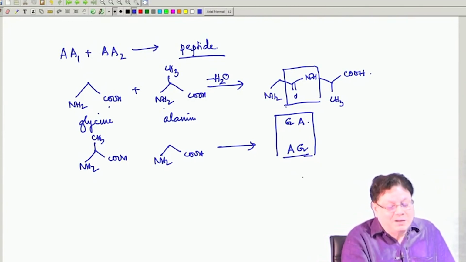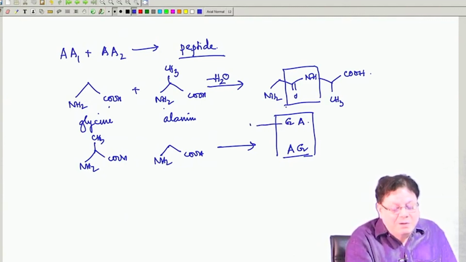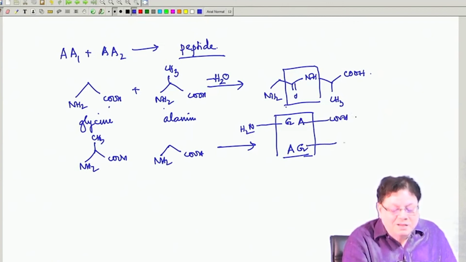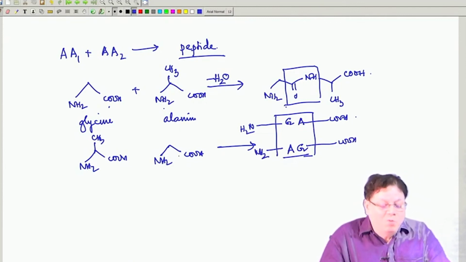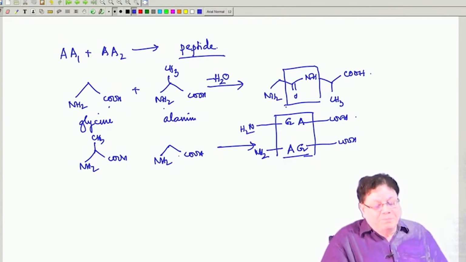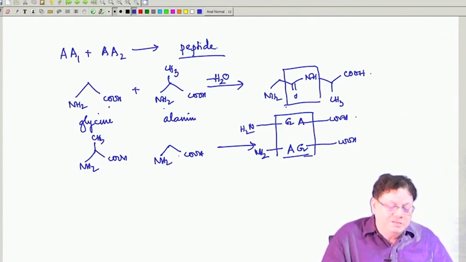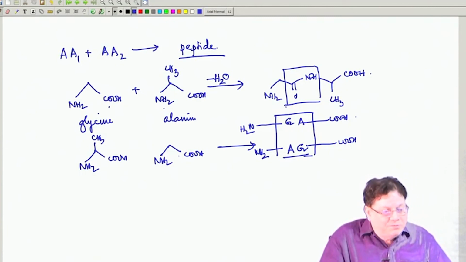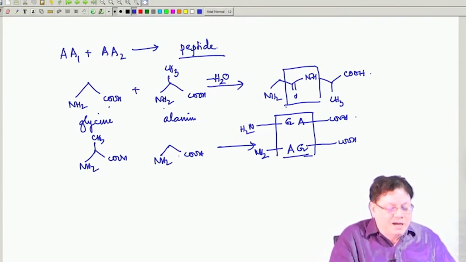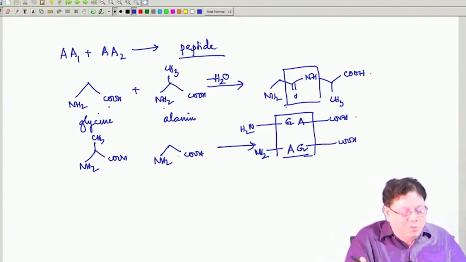They are not the same. In this case, there is this amine functionality which is free and the carboxy which is free at this end, and in this case the glycine carboxy is free and the amine is free on this side. Okay. Now, when you write a peptide, the traditional way of writing is that on the left side the amine is free, and on the extreme right side the carboxy is free.